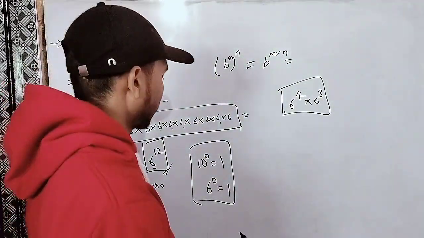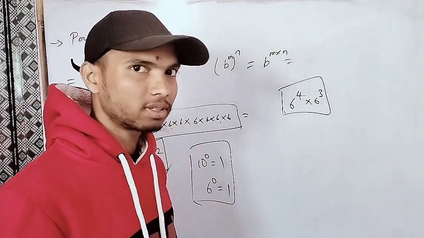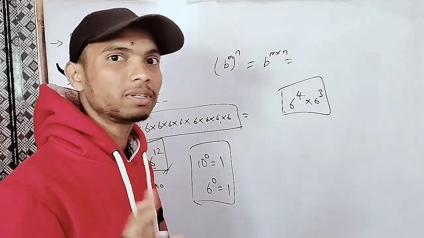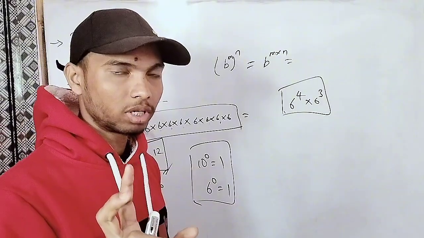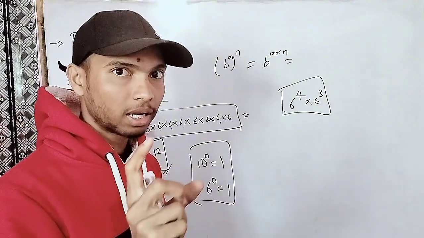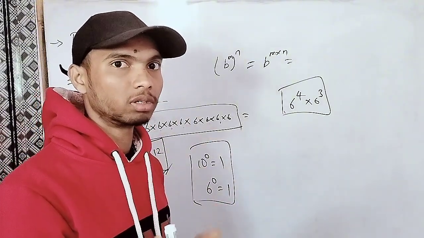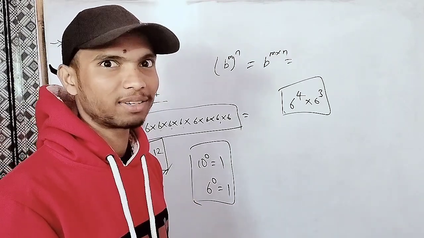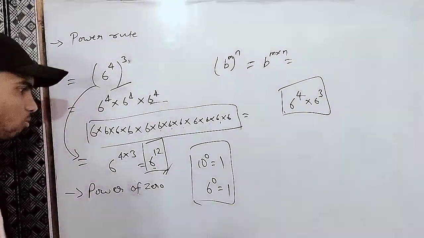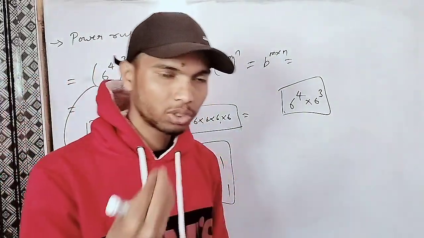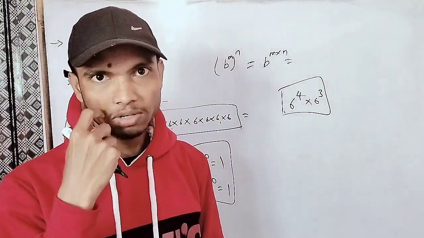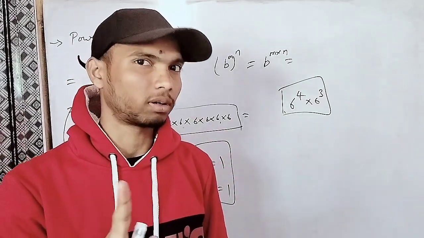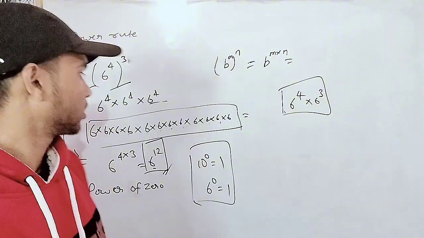Always remember, when the exponent is 0 and the base is anything except 0, and I'm saying the base should not be 0, because if the base is 0, then we can say infinite, otherwise, except 0, whatever base we have, and exponent is 0, our answer would be 1 in each case.